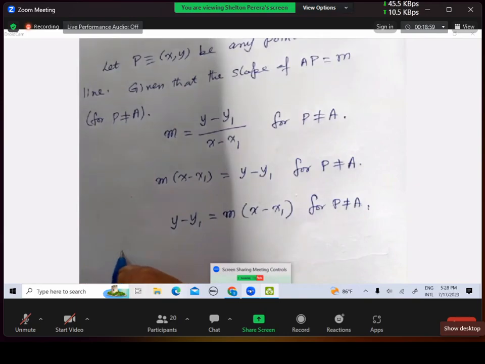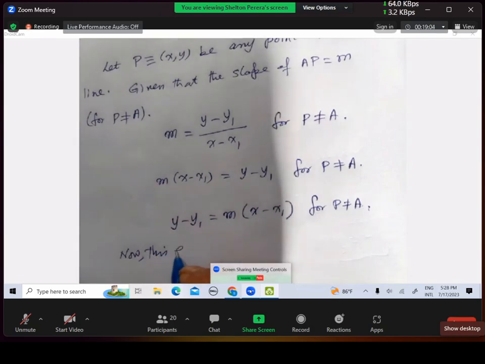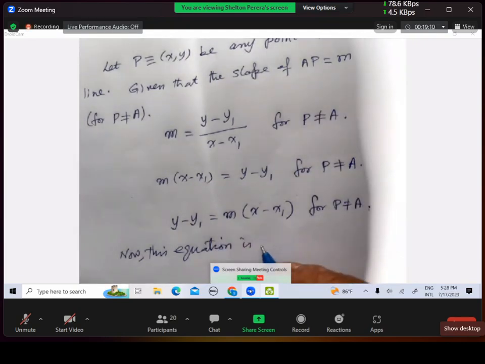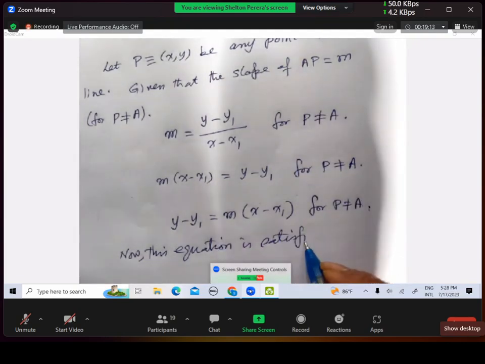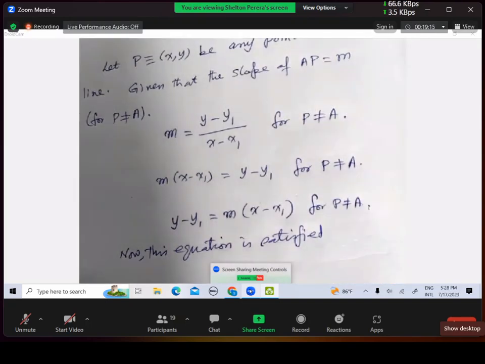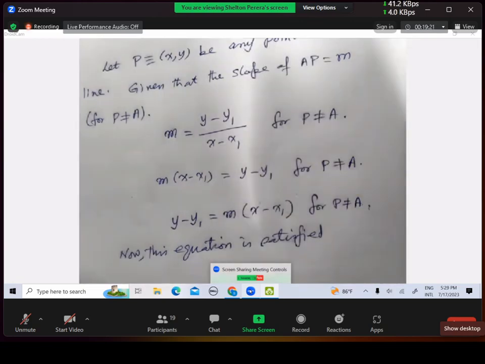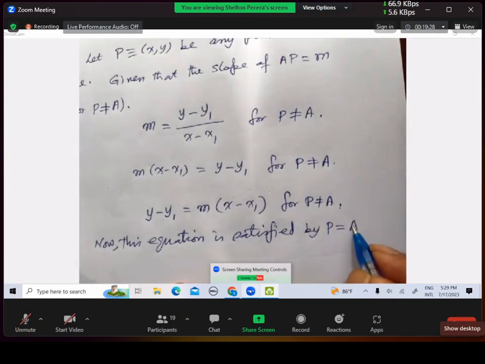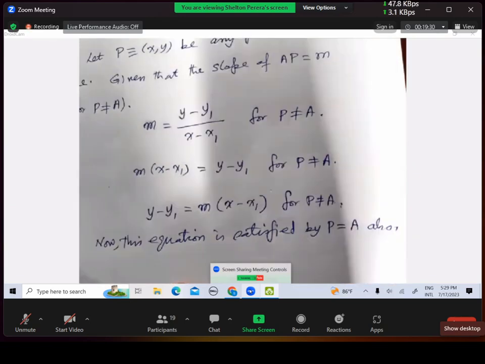Now this last equation is satisfied. When we substitute, both sides are equal. That is what we mean by satisfied. The equation is satisfied by P equals A also. Right?